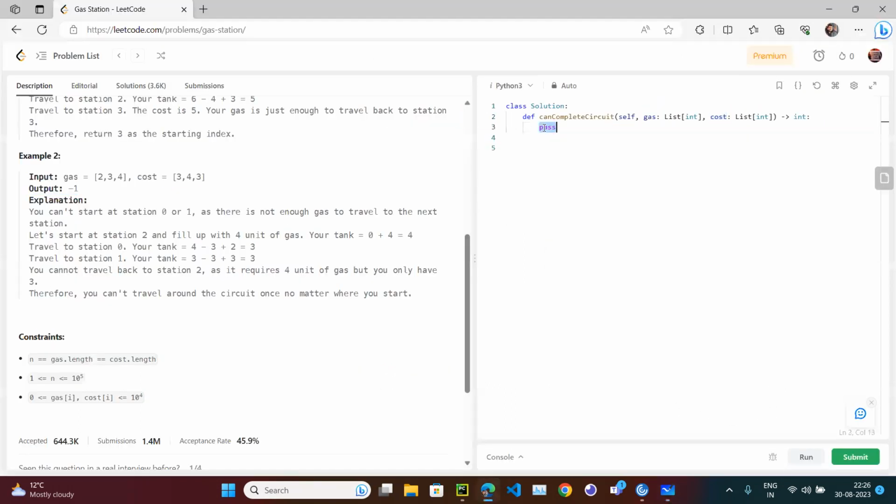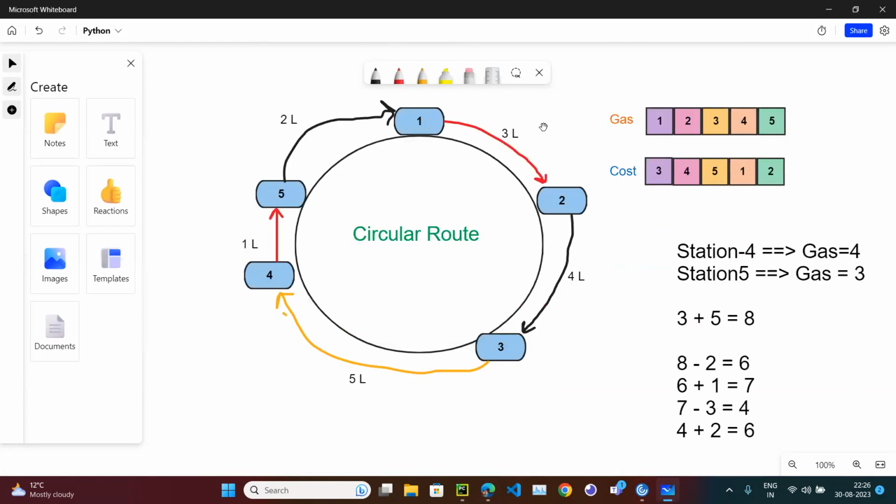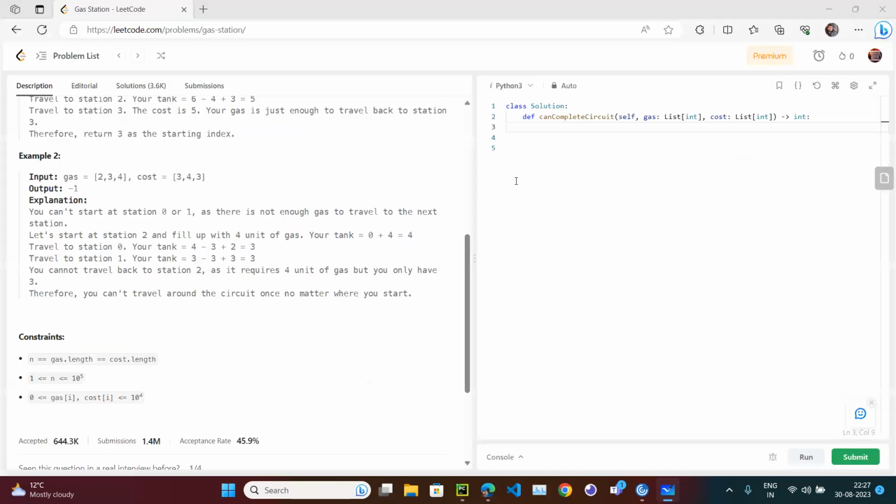So first thing, shall I directly start finding my starting point? No, because first I will check whether it is possible to find a starting point or not. How are we going to know? Let's calculate the total amount of gas, and let's calculate how much is going to be spent on the way. So if sum of gas is less than sum of cost, then we are going to return -1.